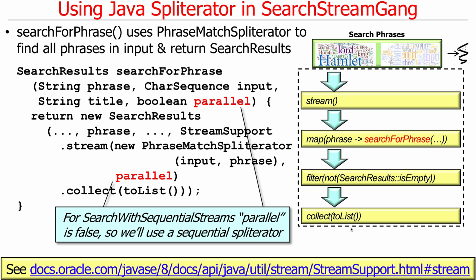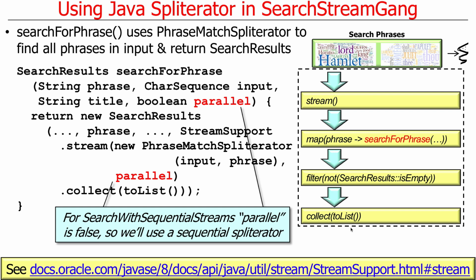If we're going to have a stream, then we have to create it somehow. One way to create a stream is to use a spliterator. In this particular case, we have two pieces of information. We have the input string that we want to search, and we have the phrase that we want to look at. Over time, there'll be lots of phrases, but at any given point in time, there'll be a given phrase.